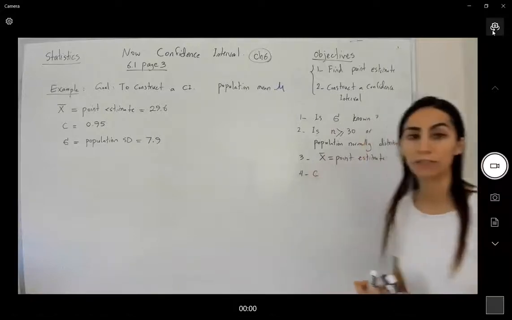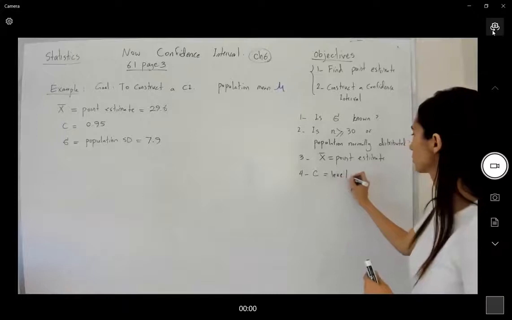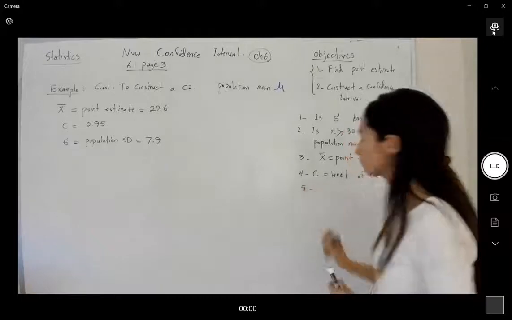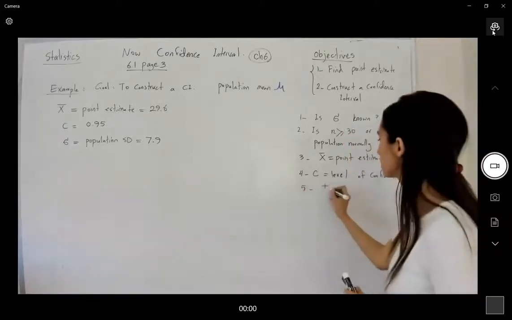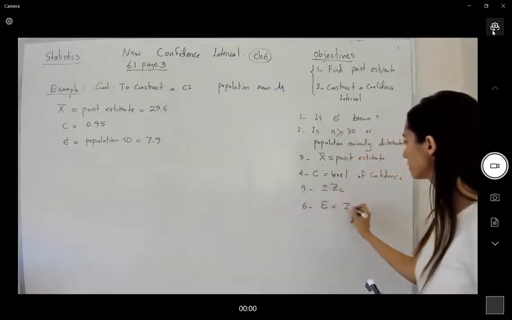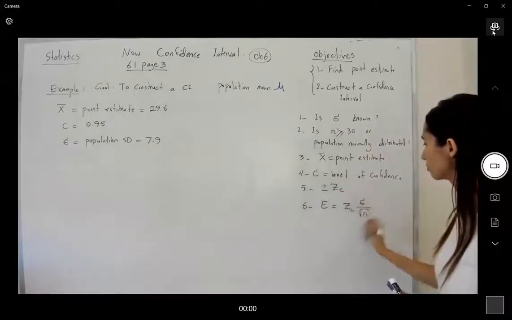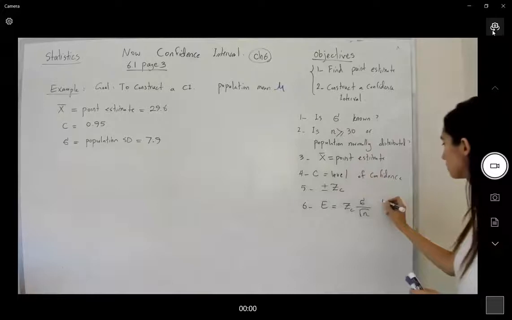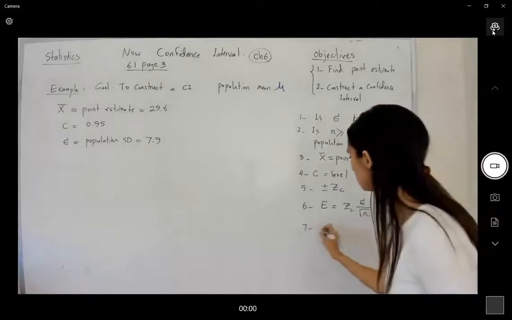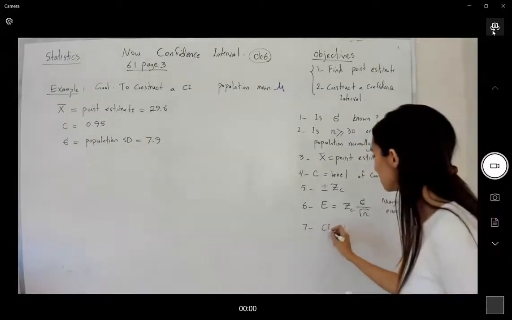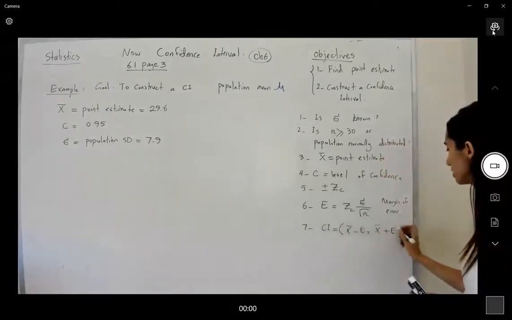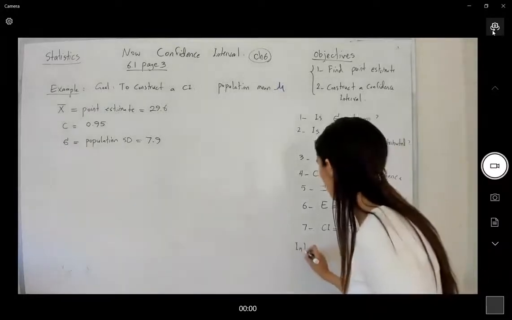Four, what is the confidence level? Five, what are the critical values? Plus, minus Zc. Six, what is the margin of error? Zc times sigma divided by square root of n, margin of error. Seven, what is your confidence interval, and how to interpret that? X bar minus margin of error, X bar plus margin of error, and interpretation.